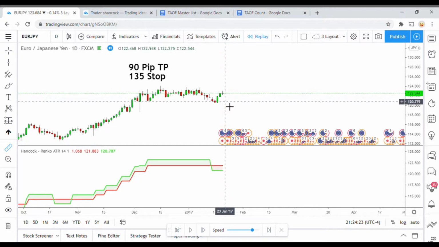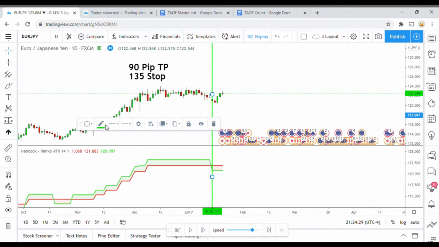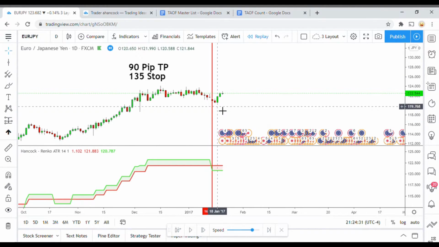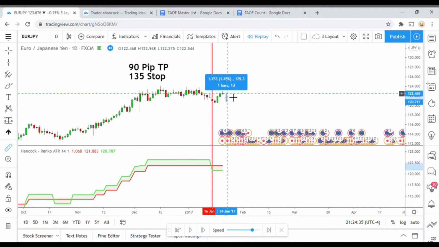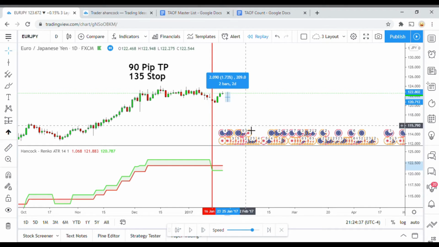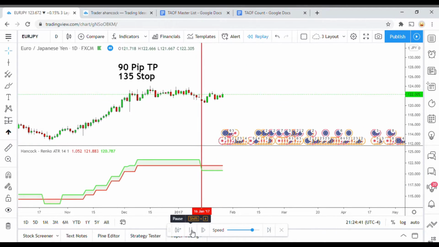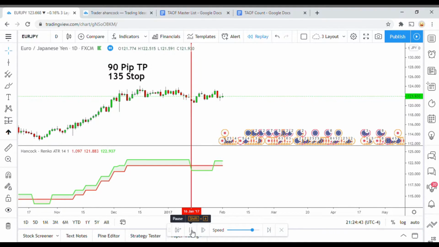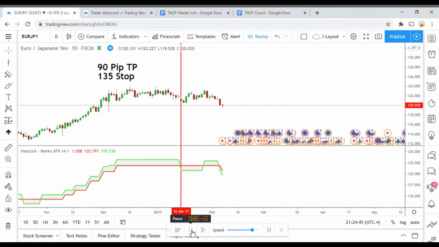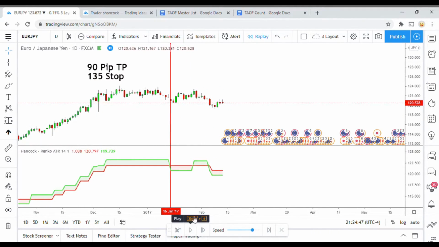So it went short right there on that candle before. Didn't quite get us to take profit before it turned around and shot up out of there, stopping us out. So the first signal was not great, but let's continue on here. See what we can get.